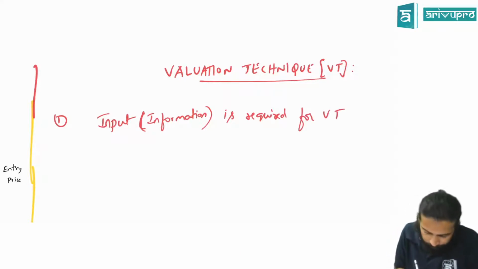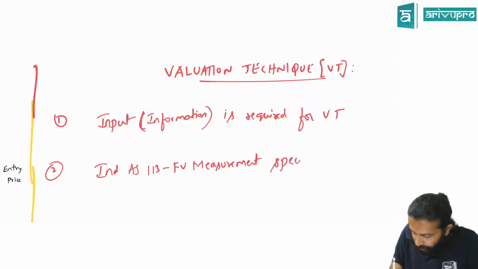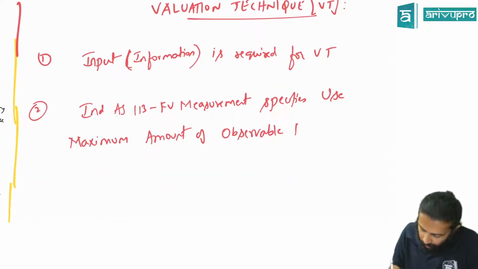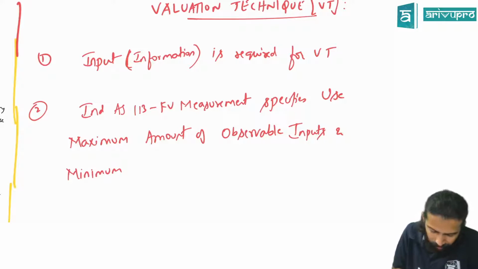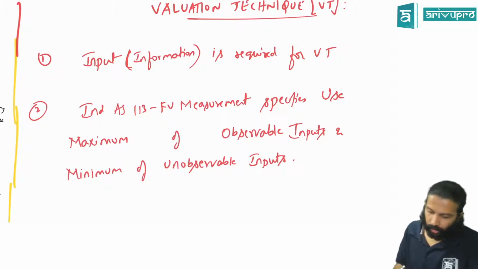Ind AS 113 Fair Value Measurement says: use maximum of observable inputs and minimum of unobservable inputs.